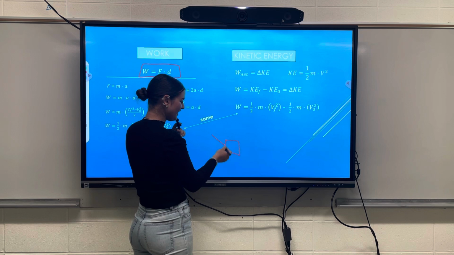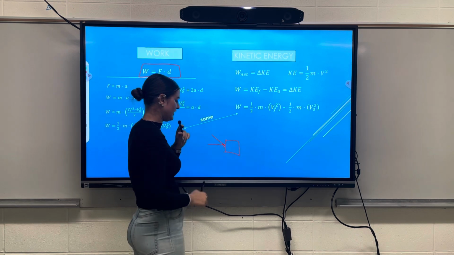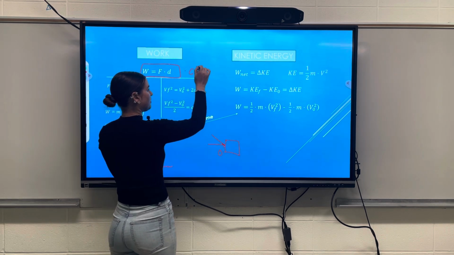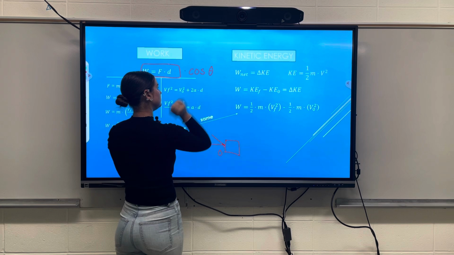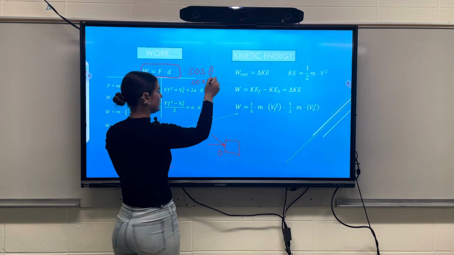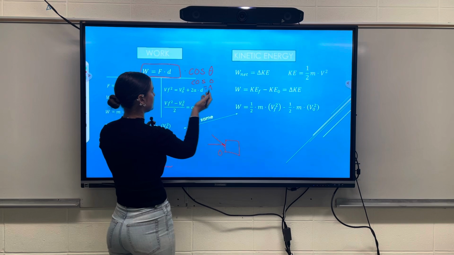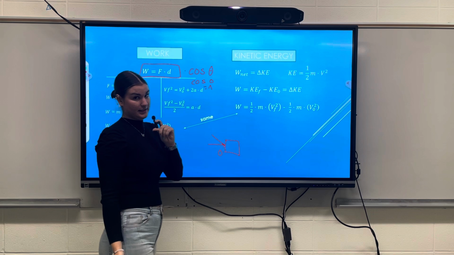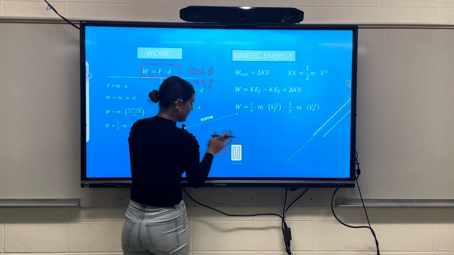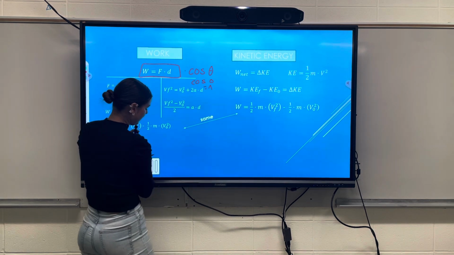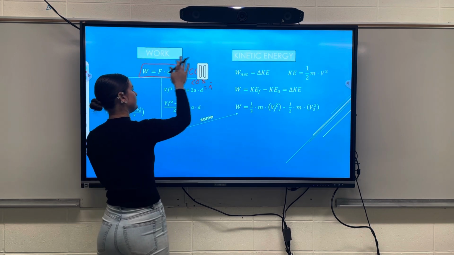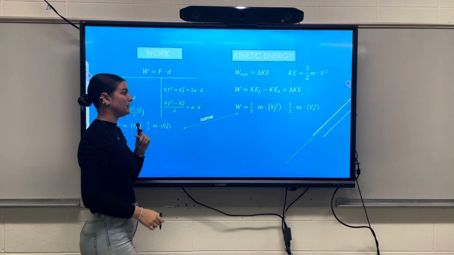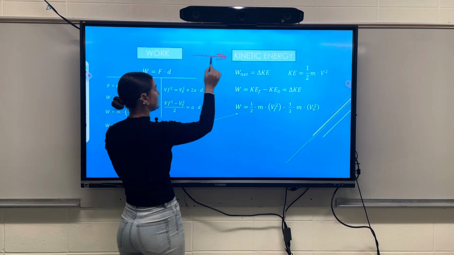That's why we are just looking at the situation when the angle is 0, because the formula has an additional part, cosine of the angle, but cosine of 0 equals 1, so it doesn't affect anything in the formula for now. But we need to know that the angle is 0 when we are pushing the box. So, I have explained that part, but let's look at the formulas and how we actually find that connection and similarity between work and kinetic energy.